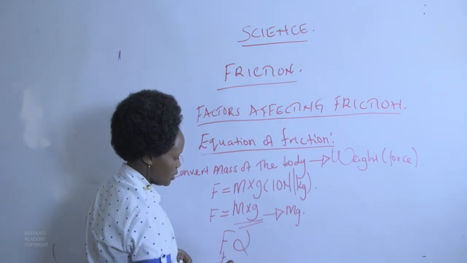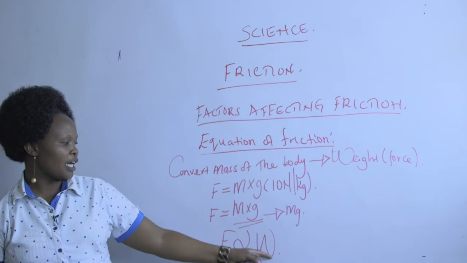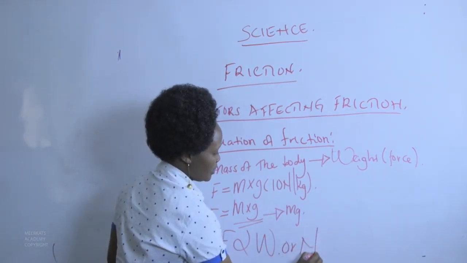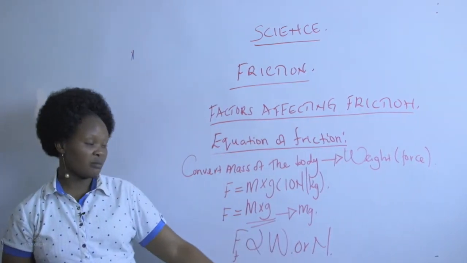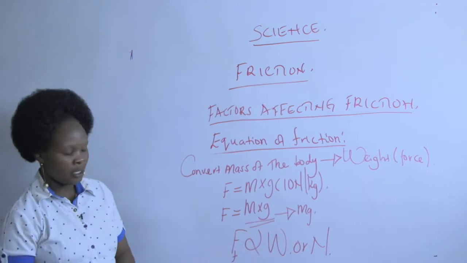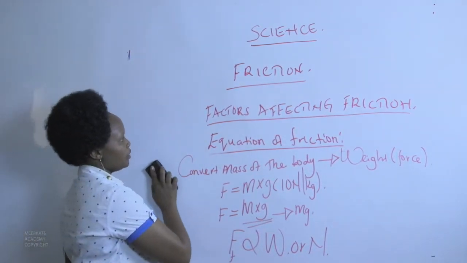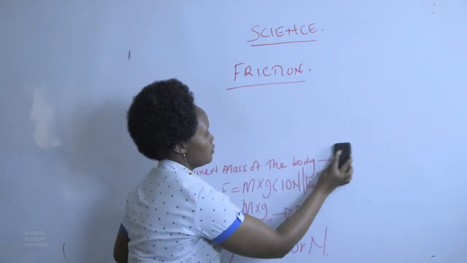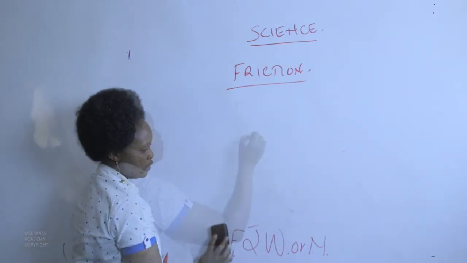And weight, we can use a W or even an N, N for normal force, or simply a W. Now, we want to get rid of that sign, the proportionality sign. Therefore, we are going to introduce a coefficient.